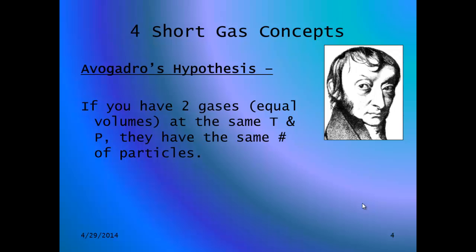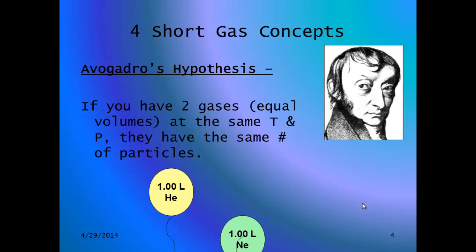If 3 out of your 4 things are the same, is there any room for the 4th to be different? No, think about algebra. If 3 things in the equation are the same, the 4th one has to be too, because we set up all of these variables as equations. We said this side has to equal that side. So if 3 of them are the same, the 4th one has to be the same. And if the number of moles is the same, so is the number of particles.